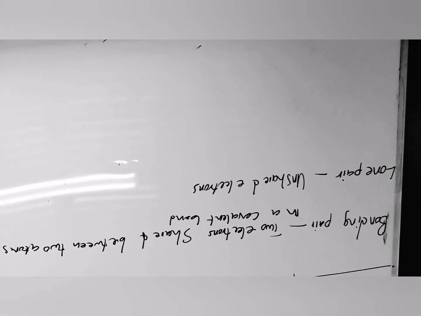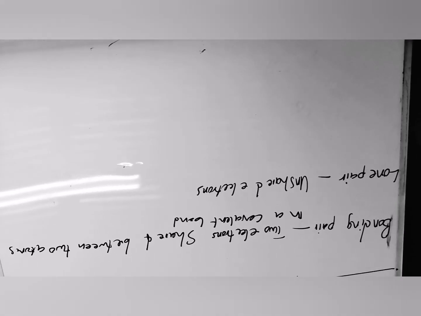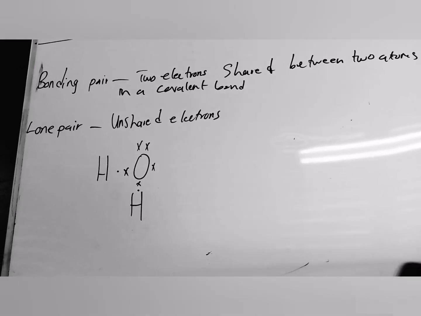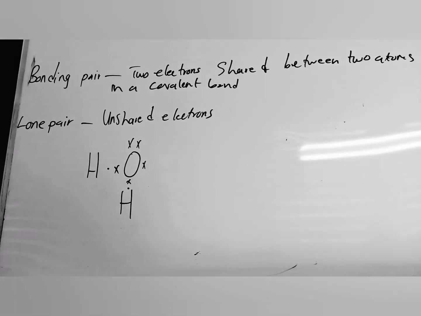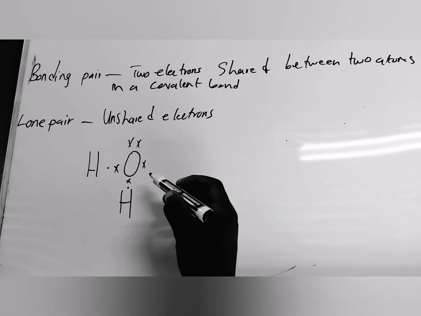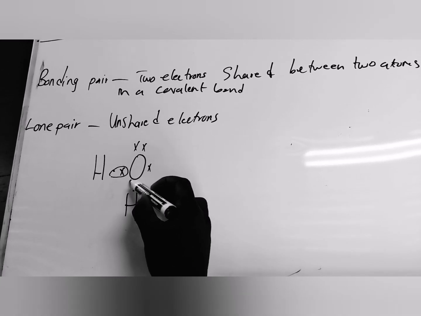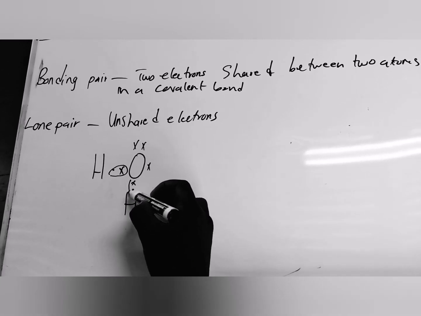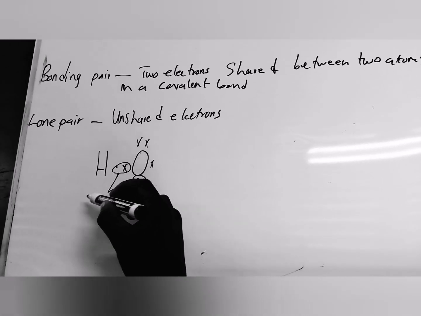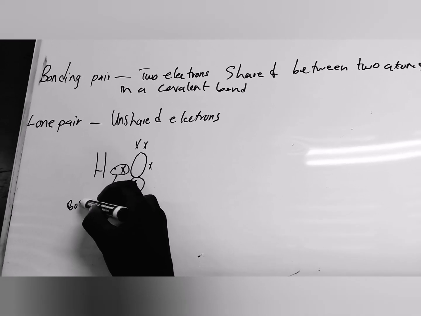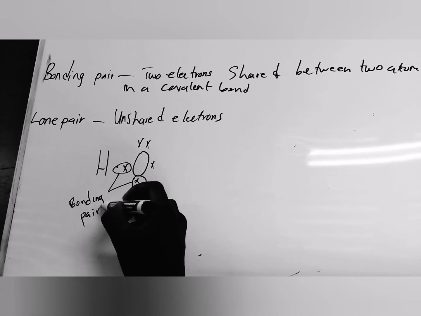Now let me show you how you see bonding pairs or lone pairs in a molecule after you have represented it with a Lewis dot diagram. Alright, this is the Lewis structure, Lewis diagram for H2O. So these 2 electrons that are paired here are known as bonding pairs of electrons. So 1 electron of hydrogen is paired with 1 electron of oxygen, so they are known as bonding pairs.